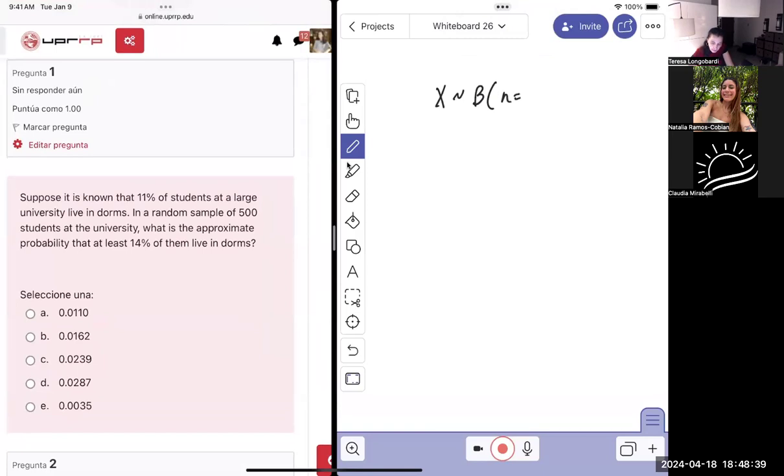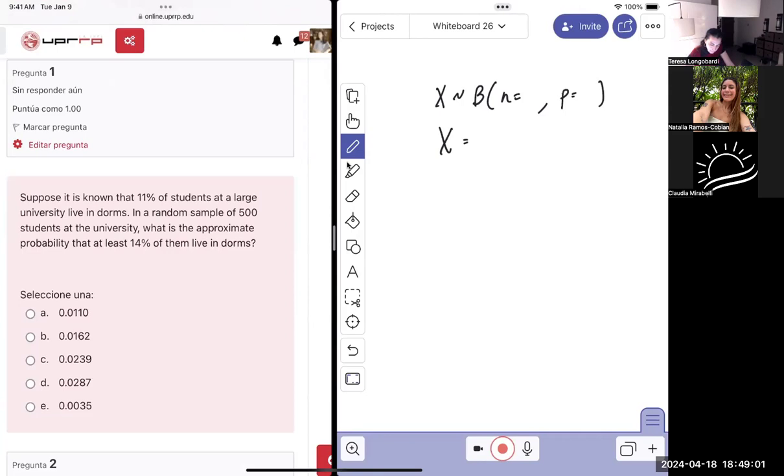What would n be? What would x be? How would you define x? What is the variable that we're interested in?